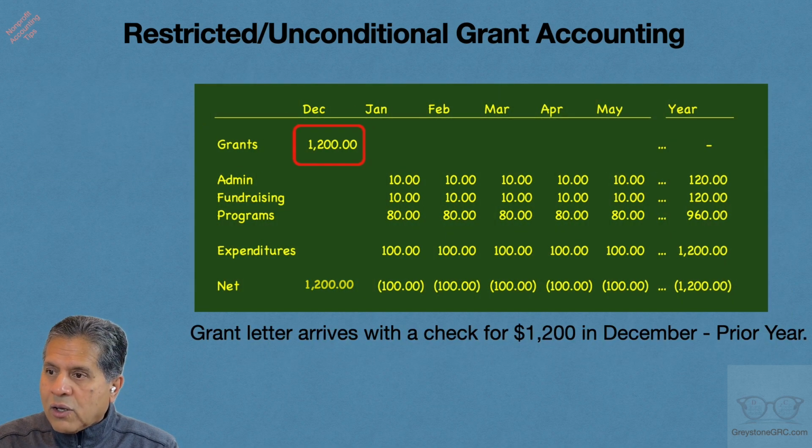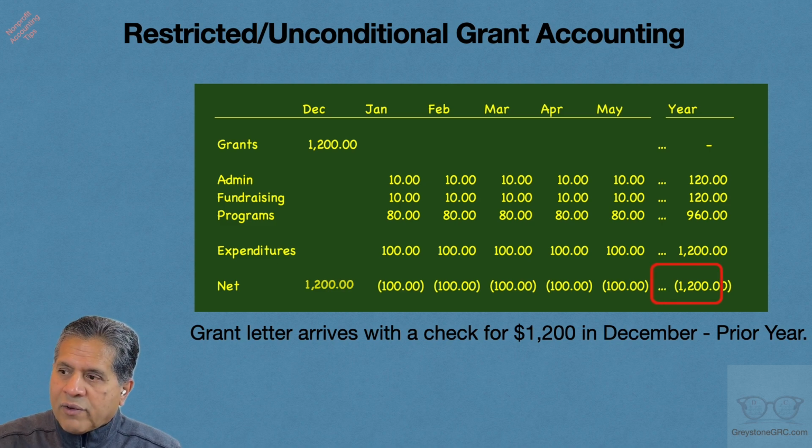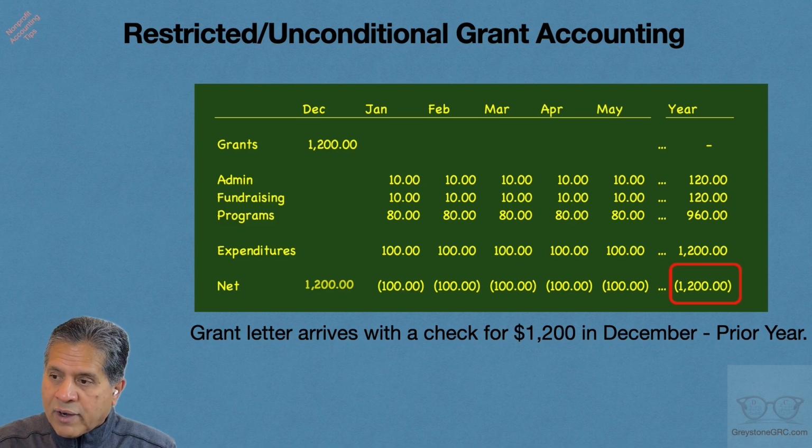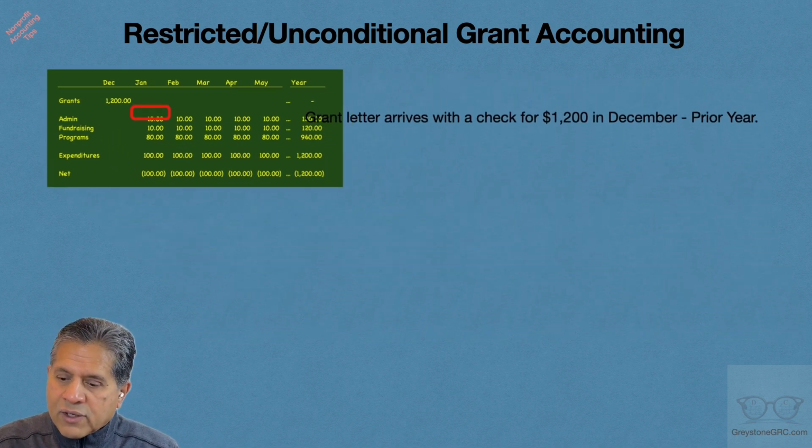So now let's take a look. What happens if the money is awarded in December? Well, once again, we've got the situation where December will show a profit. Each month in the following year will show a loss. The cumulative loss for that year will be negative $1,200. Although in total, considering December, that's a perfect wash. So what would the entries be?